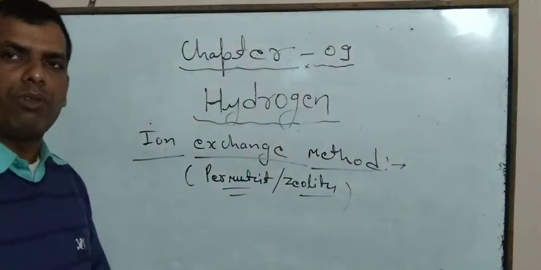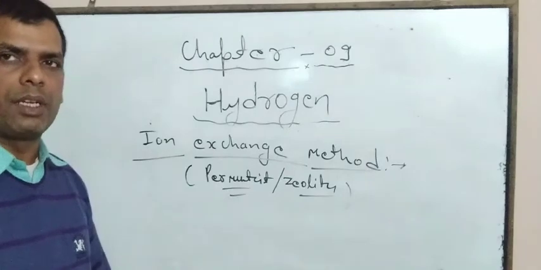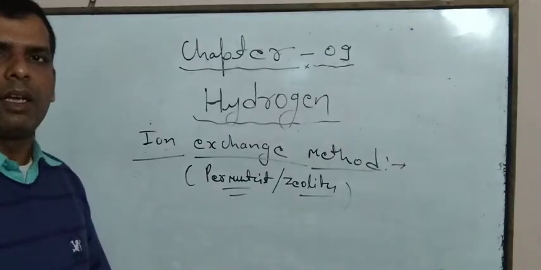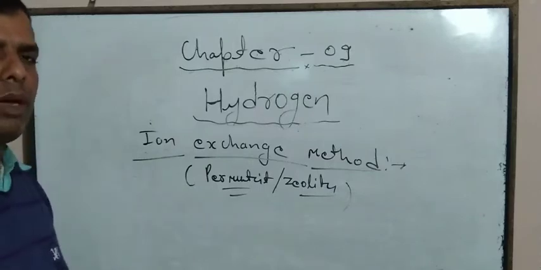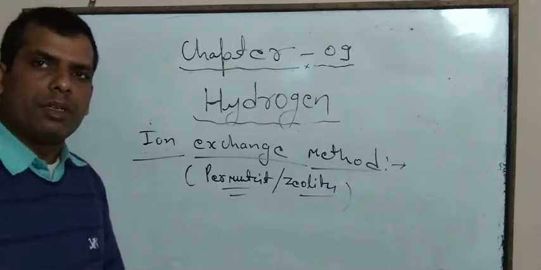Actually, permutit or zeolite is sodium aluminum silicate, NaAlSiO4.